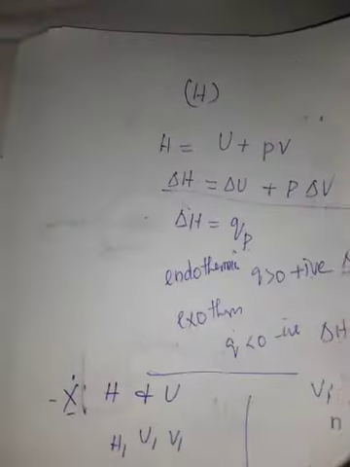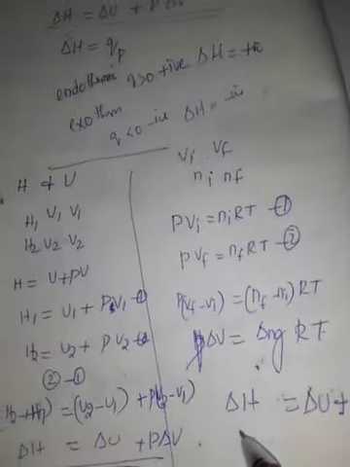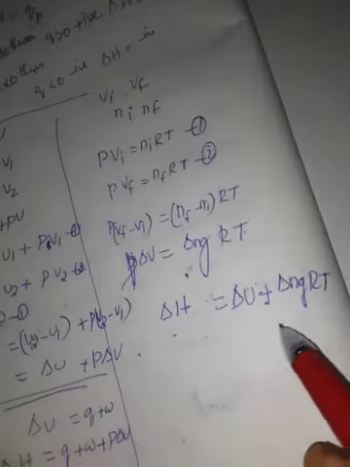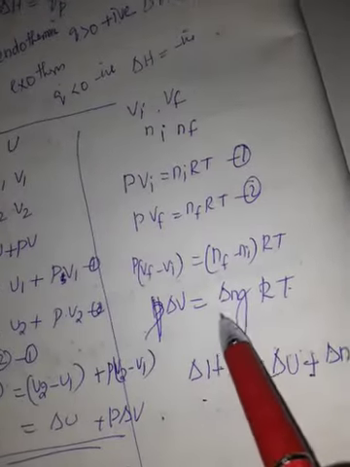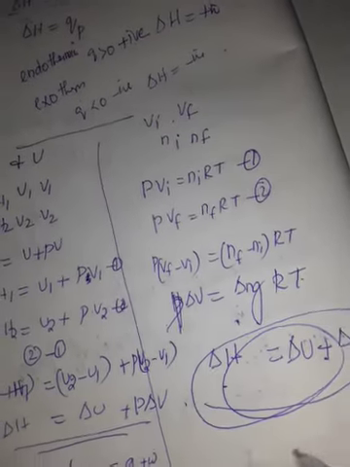Substituting here, del H is equal to del U plus P delta V. Substituting the P delta V value, so del H is equal to del U plus del ng RT. We are getting this final value.